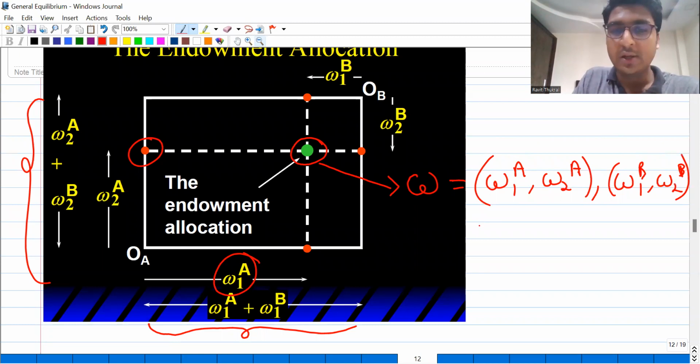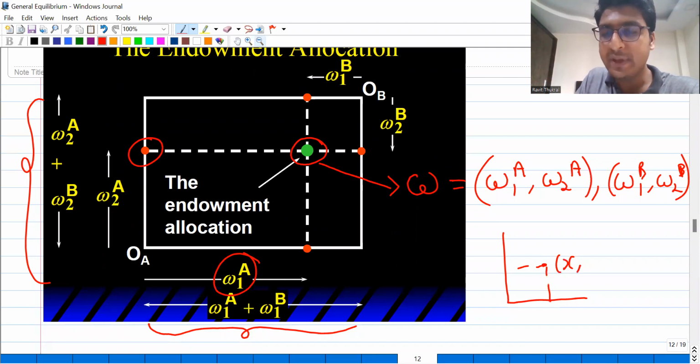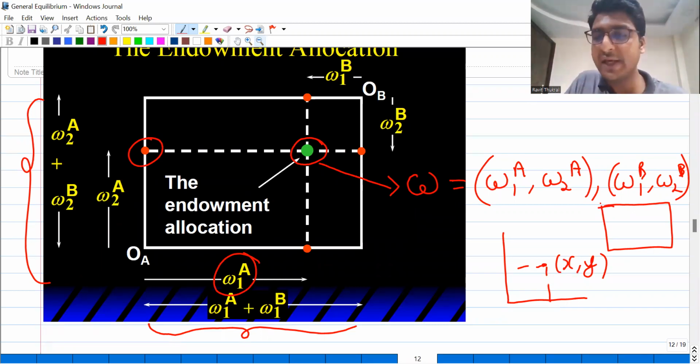So कोई भी जो यहाँ पर एलोकेशन है वो 4 पार्ट्स में. तो जब आप सिंगल कमोडिटी स्पेस की बात करते थे, यहाँ पर 2 पार्ट्स हैं, 2 tuples हैं यहाँ पर X, Y. But अब बॉक्स हो गया, 2 कमोडिटी स्पेसेस को आपने मिला दिया है.